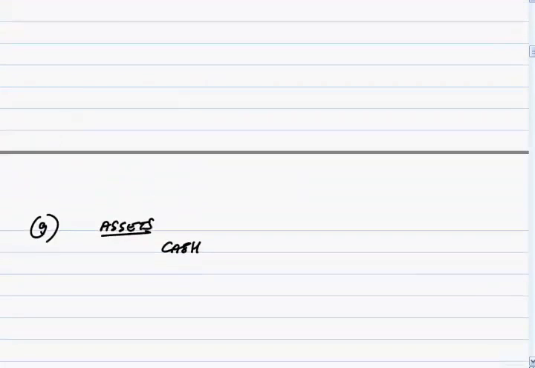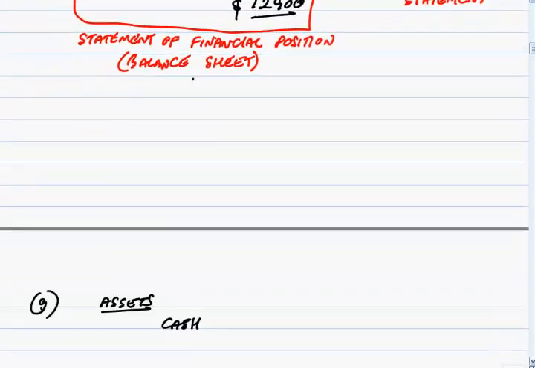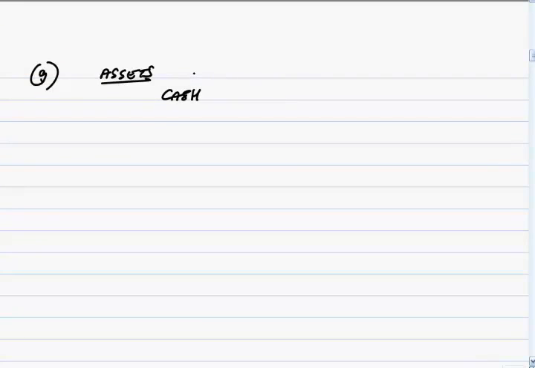G. We sell the remainder of the goods for 2,800 on credit. So although we've made the sale, because it's on credit, we've not yet received the cash. So let's list our assets first of all. What do we own? Well, a few minutes ago, the cash stood at 6,400. Although we've sold goods, we haven't had the cash, so the cash is still 6,400.